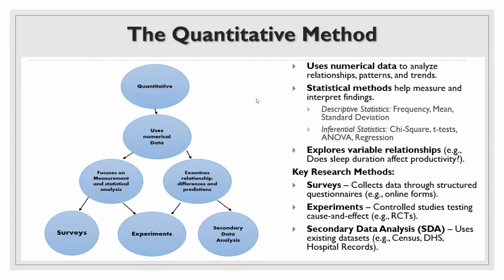So when you're dealing with quantitative method, like I said, you have to use numerical data. There's no way you're talking about quantitative and you will not use numerical data.